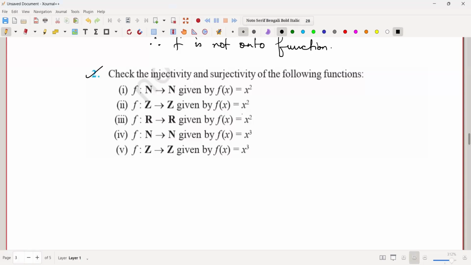Question number 2. Check injectivity and surjectivity of the following functions. f from natural numbers to natural numbers, given by f(x) equals x square. So this is question number 1. f from N to N and f(x) equals x square.